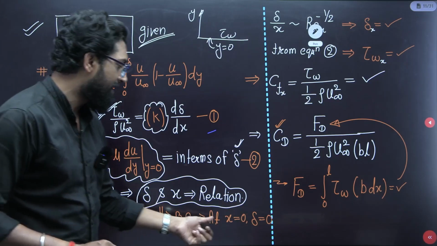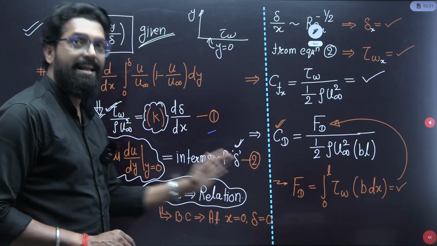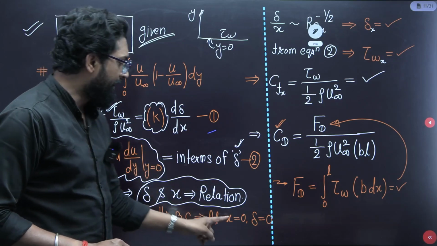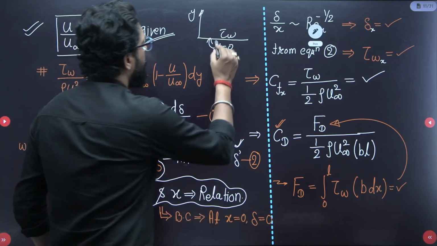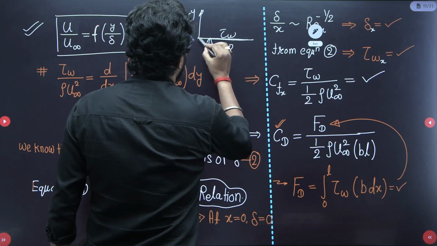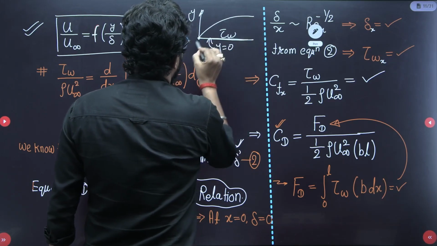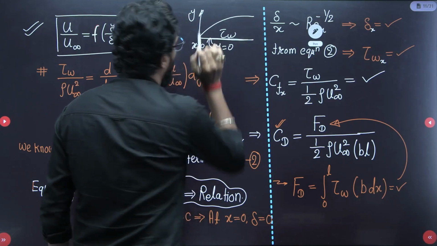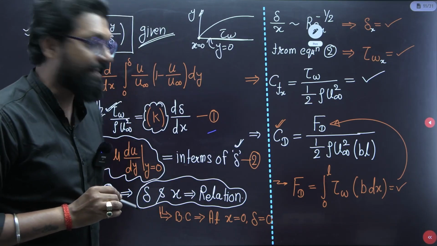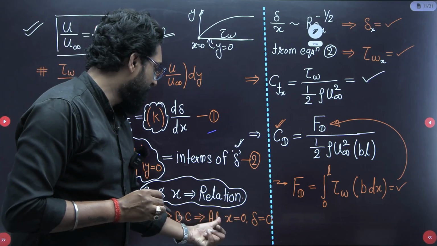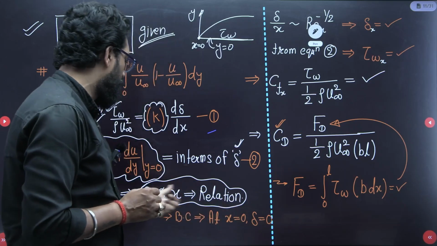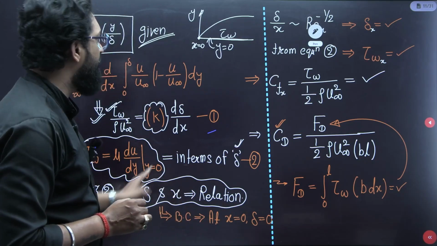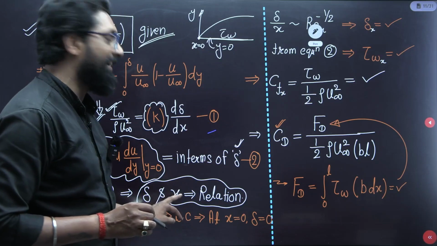At x equal to 0, that means at the leading edge, if this is your plate and this is your delta, at x equal to 0, delta is 0. There is no boundary layer thickness. So at x equal to 0, delta is equal to 0, put this value, find the value of c, then you have an equation between x and delta.